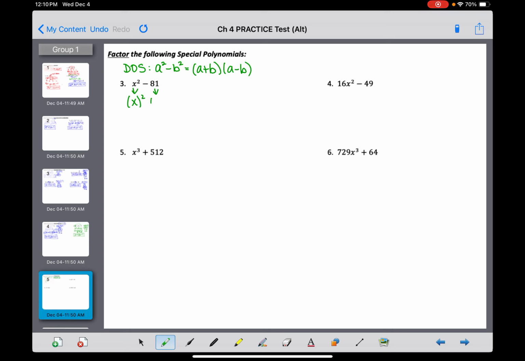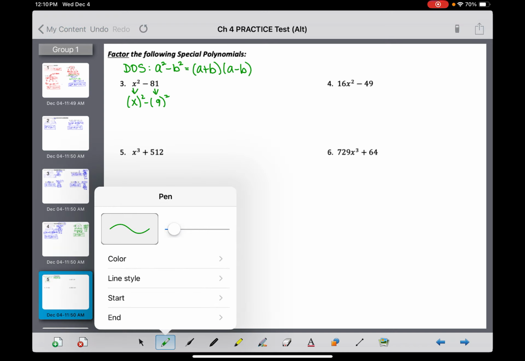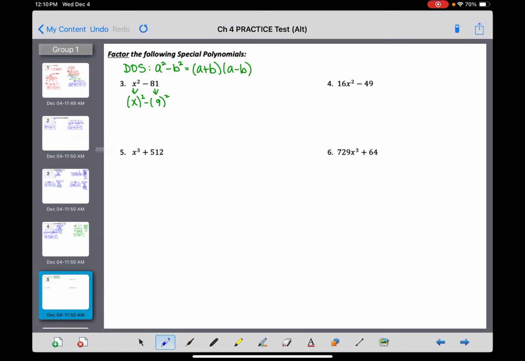And in the second term, 9 is being squared to make 81. So now I know my a and I know my b. A is x and b is 9. So then I just go ahead, I write my two sets of parentheses, and I know the first one's going to be a plus b, so x plus 9. And the second one's going to be a minus b, so x minus 9.